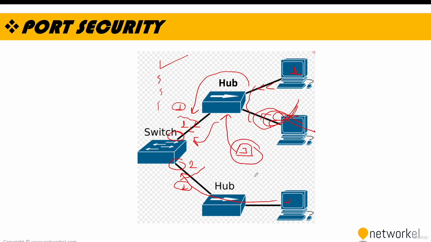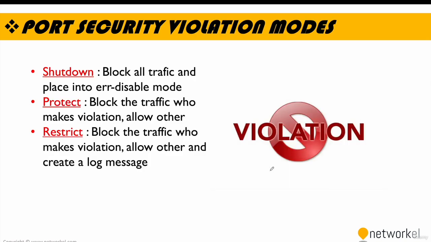And this PC3 is the one making the violation, because I configured my switch to learn only one MAC address from one port. So who is the violation maker? PC3. So if you have a look, for example at protect, that will block all the traffic from PC3, but it will still allow the traffic coming from PC1.